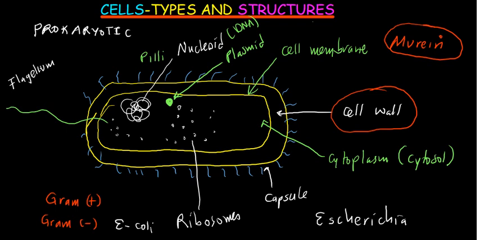So this E represents Escherichia. Escherichia coli. Because the name is long, we'll just say E. coli. So that is one example of a bacteria, and that is gram negative. And then we have gram positive bacteria, for example, lactobacillus.